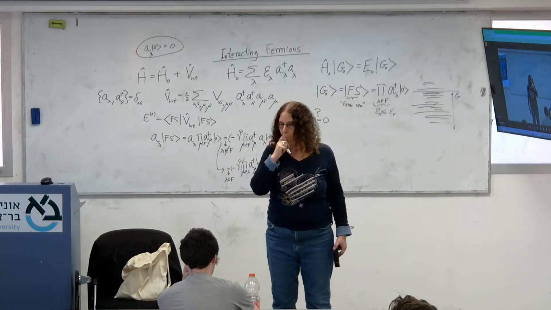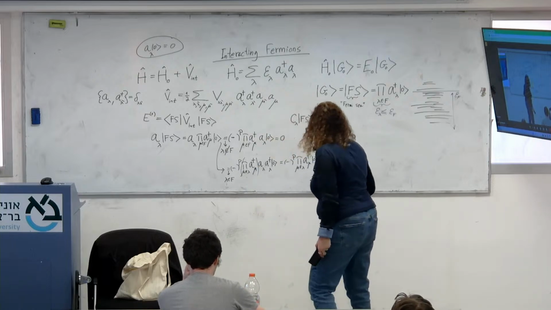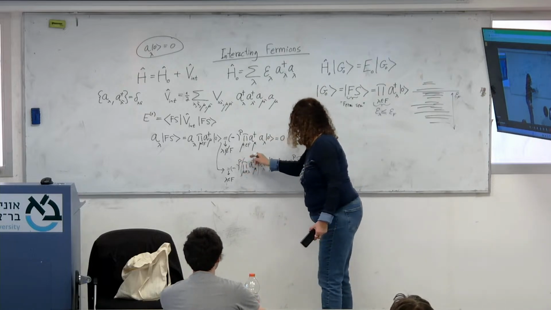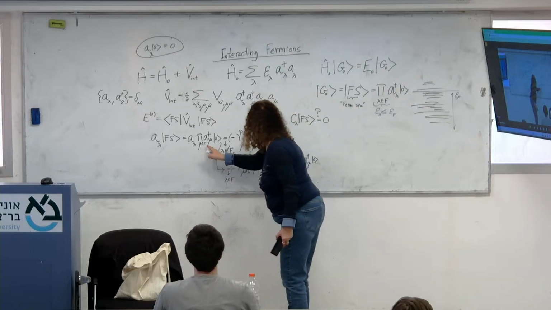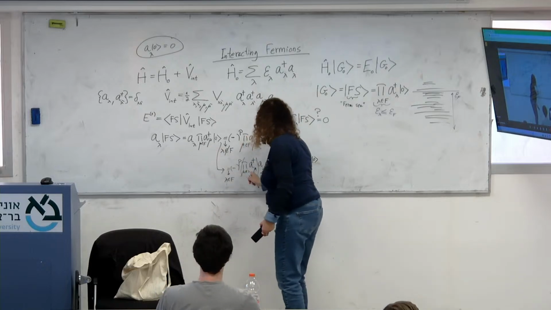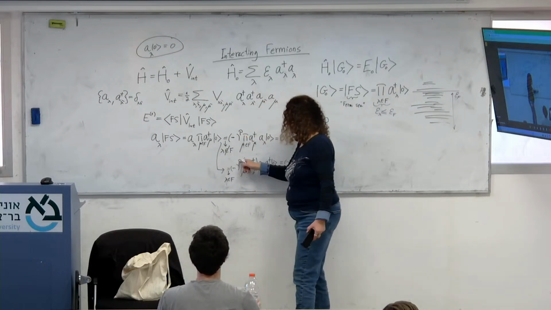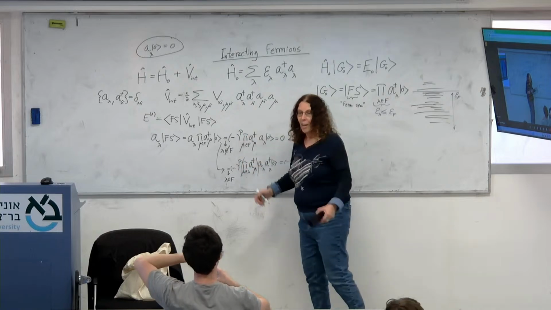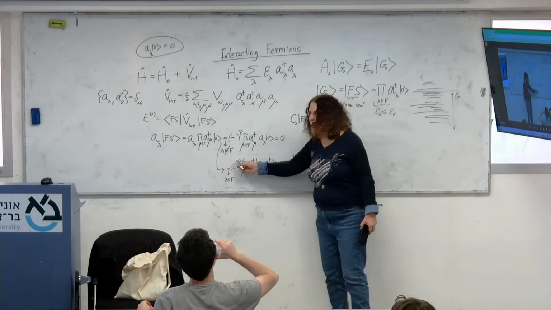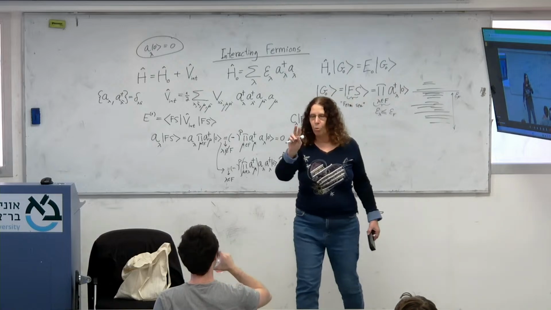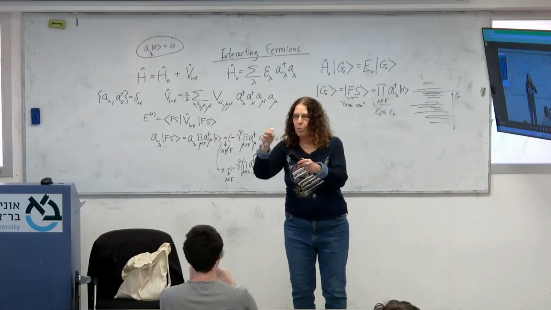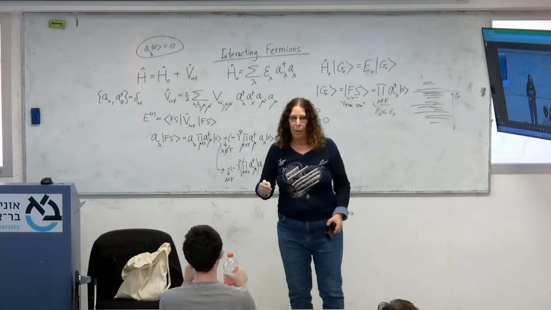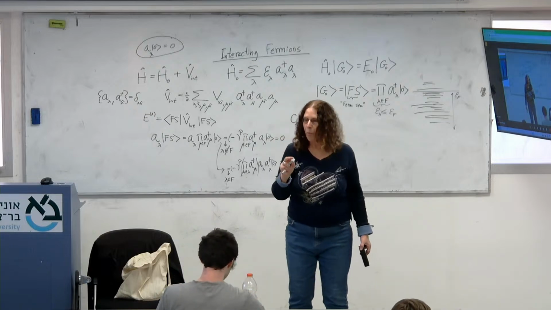Yes? What's the minus to the power p? So again, in order to go from here to here, or from here to here, it's of course not the same p, right? I'm writing it very schematically. You have to do some permutation. And if the permutation is odd, you pick a minus sign.